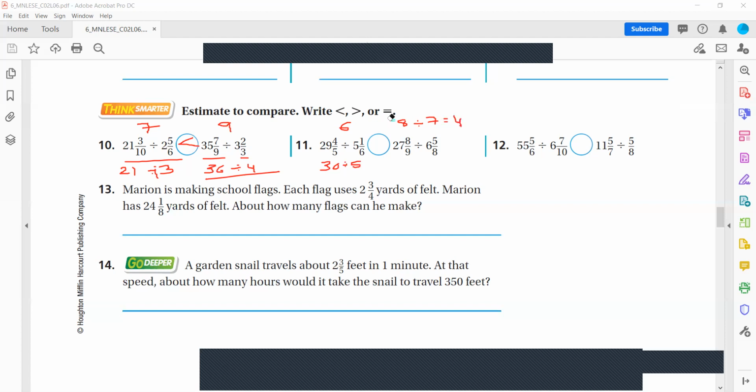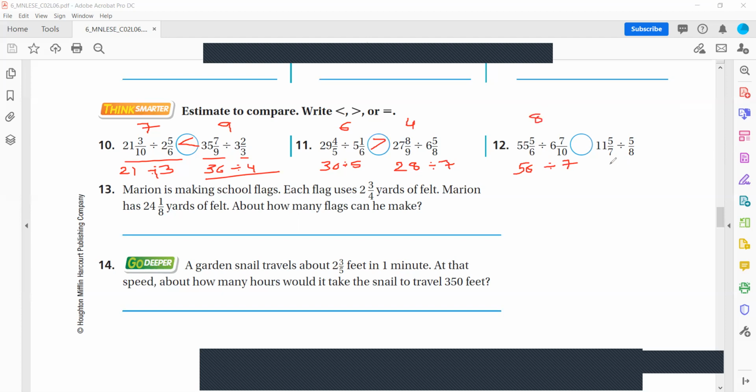28 divided by 7, it's 4. Which one is greater? And here finally, 56 divided by 7, I get 8.